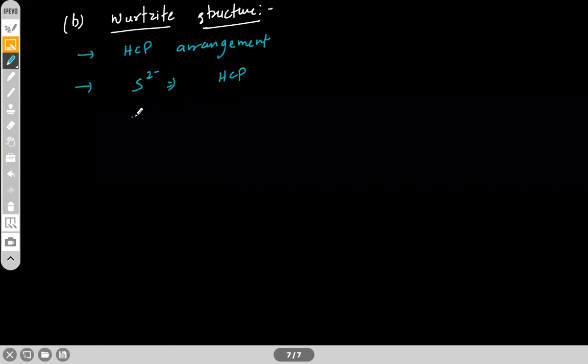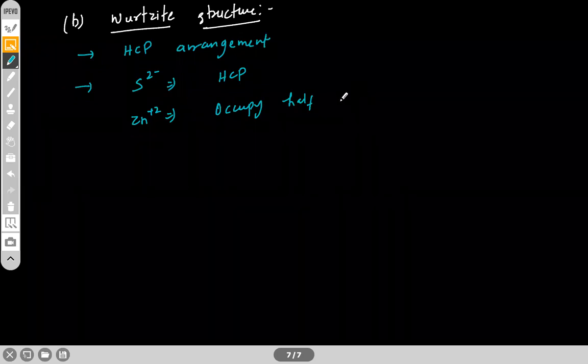And again, Zn2 plus occupies half of the tetrahedral voids.